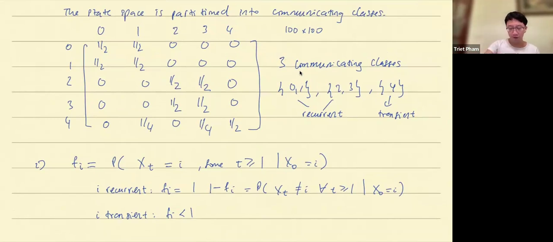I forgot what the term is in graph theory, but they also have the idea that if a collection of nodes are connected among each other, then they form a class. And one problem in graph theory is how to quickly find these communicating classes.